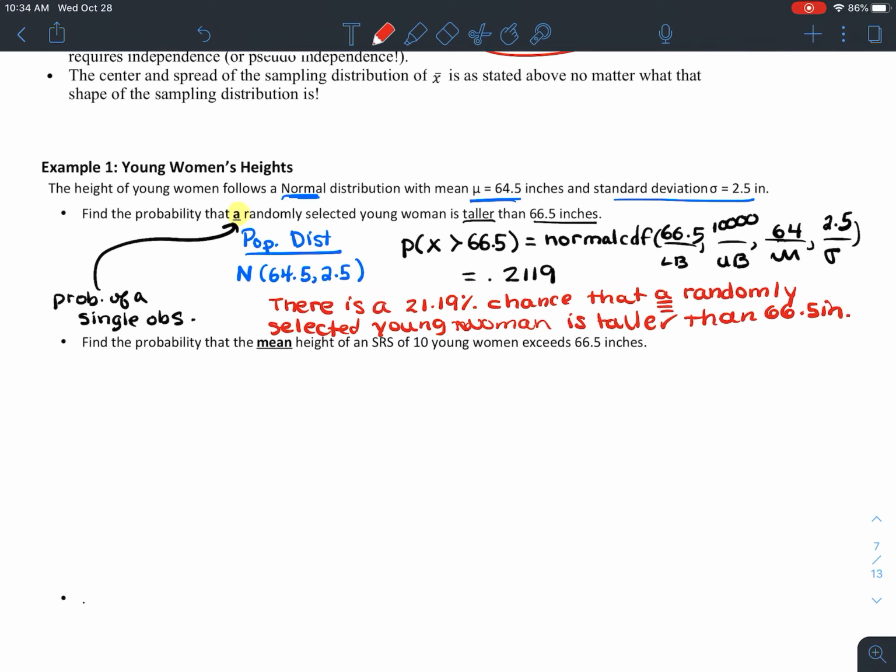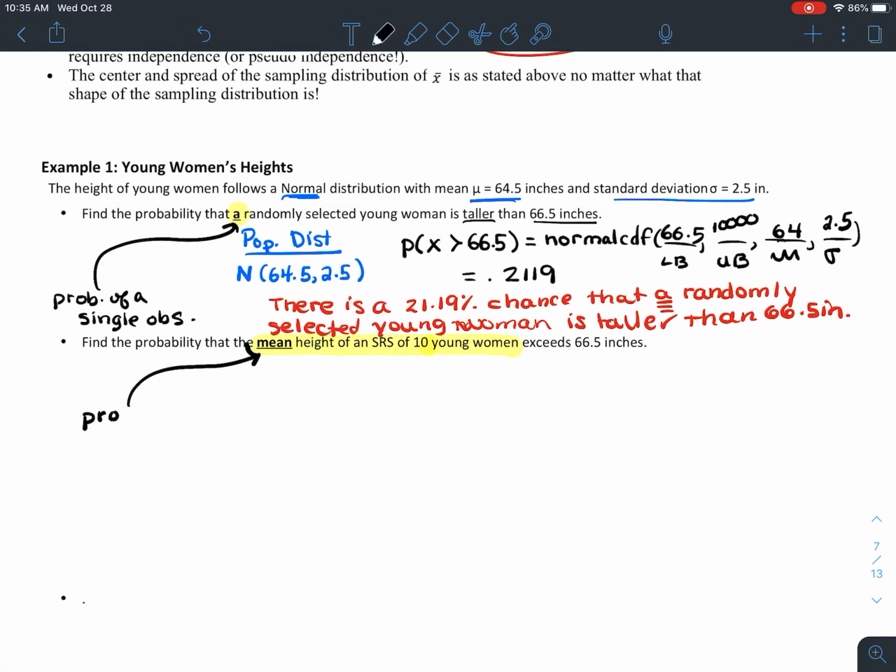Now, let's look at what the second part of this is asking. It says, find the probability that the average height of a simple random sample of 10 young women would exceed 66.5 inches. Now, there is a huge difference between what these two parts of this problem are asking.